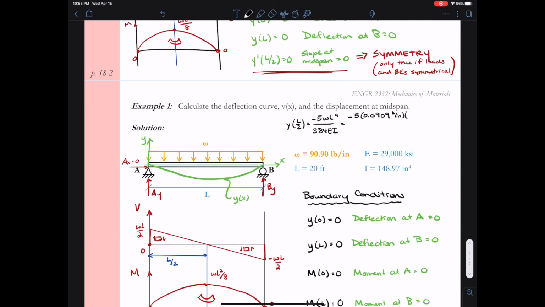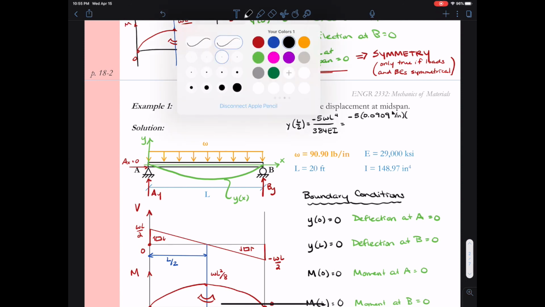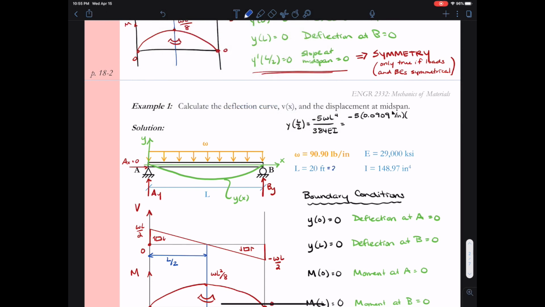If you didn't keep it in terms of the variables, then you want to make sure you put everything into the same unit system, same magnitude of units, so that as you integrate, some of those numbers that get embedded in there also have units.